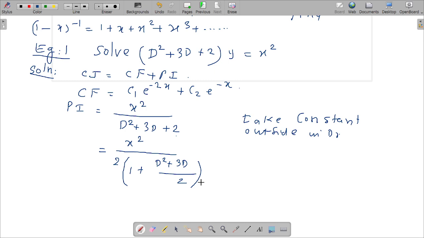Then it will become in the format of 1 plus D or 1 minus D. It is a simple concept: take the constant term outside.